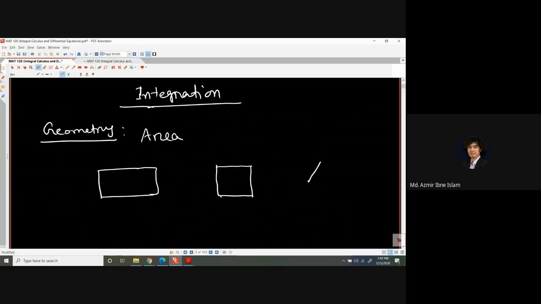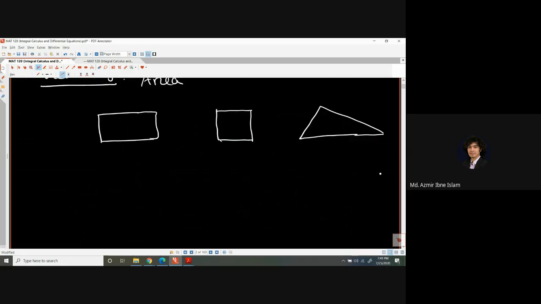We also know how we can find the area of a triangle, or maybe some other shapes like polygons. That means we may have a parallelogram, we may have a trapezium, okay.